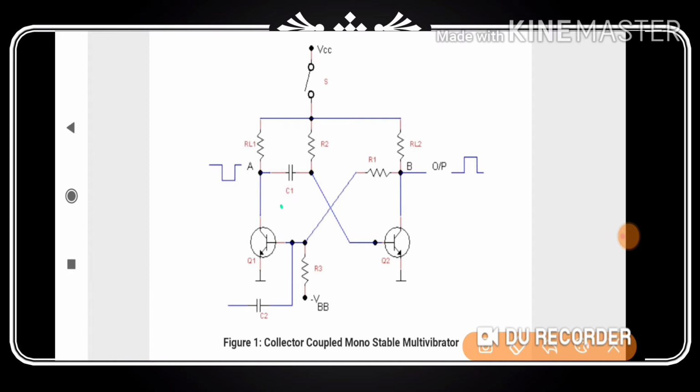When the capacitor C1 has discharged completely, Q2 turns on and Q1 turns off.